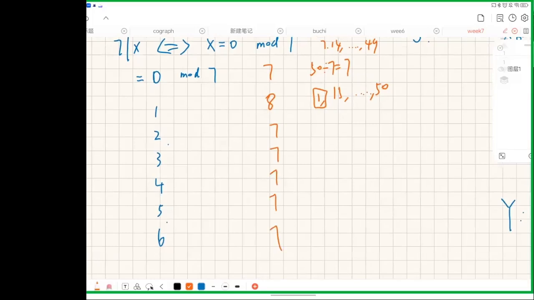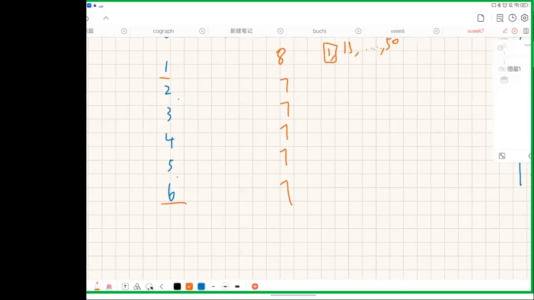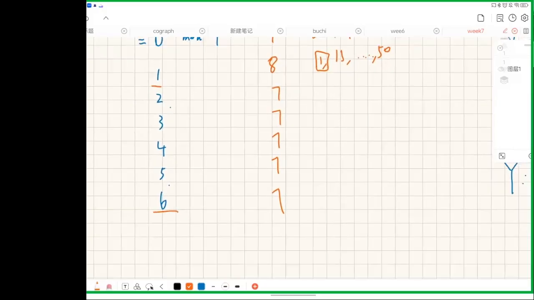And then you will find another interesting thing. If we include any number whose remainder is 1 modulo 7, we cannot include any number whose remainder is 6, because the sum of them has remainder 1 plus 6 equals 7, which is 0. This means the sum is a multiple of 7.